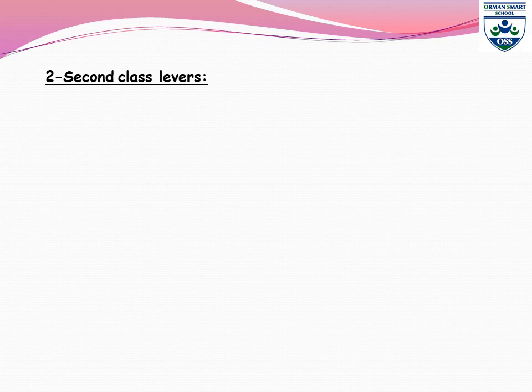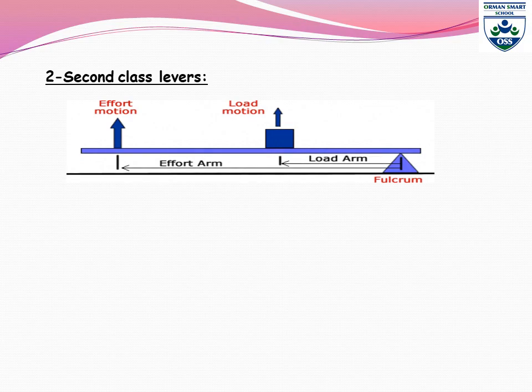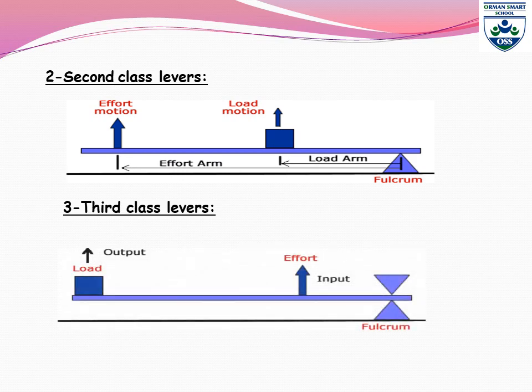In second class lever, we find the resistance force is larger than effort force, and second class levers always conserve effort and have mechanical benefit. 3. Third class levers. These types of lever always don't have mechanical benefit and don't conserve effort because effort force is larger than resistance force.